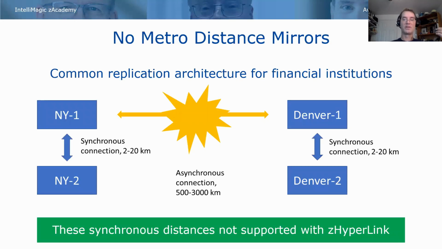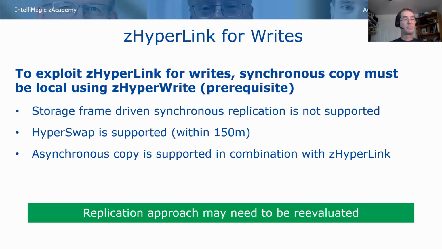So something to consider. Just specifically to look at writes for a second, if you do want to enable that, originally when zHyperlink came out, it only did reads. Now it does do writes as well. And it's a really good idea because DB2 logs come to mind as a good candidate for that. If you're not familiar with zHyperWrite, that is a prerequisite.